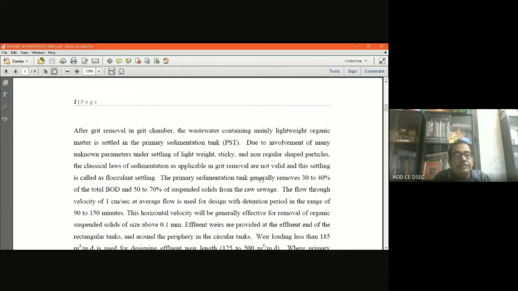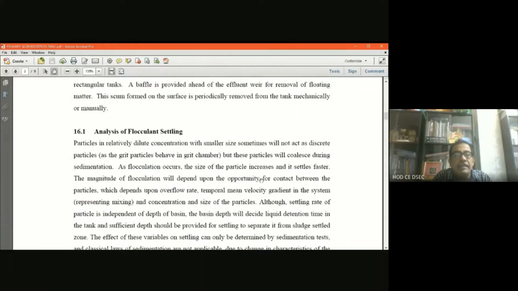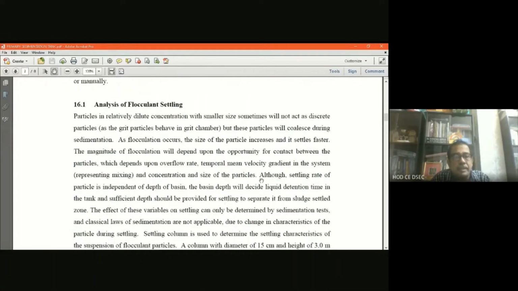But here, I am just entering into the analysis part. Here the particles will collide during sedimentation, and flocculation occurs, because the size of the particles increases as they settle faster.